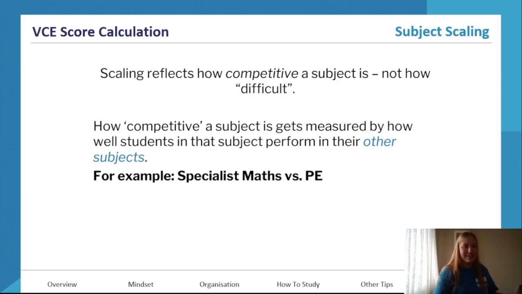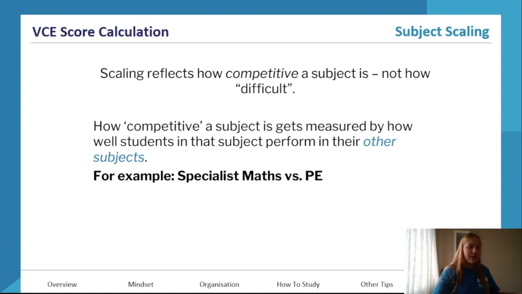It's very complicated. So, for example, compare specialist maths versus PE as subjects in terms of their competitiveness. Thinking about it, are students going to perform much better in PE or maths? Say I'm a student doing both those subjects. What do you think?